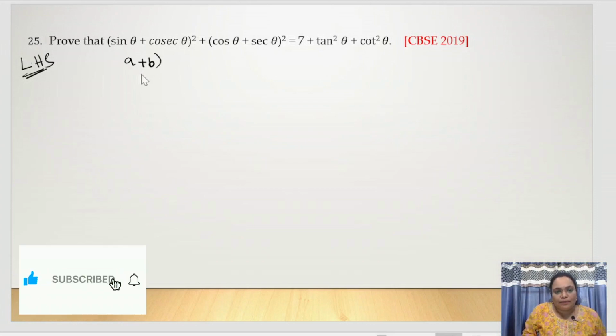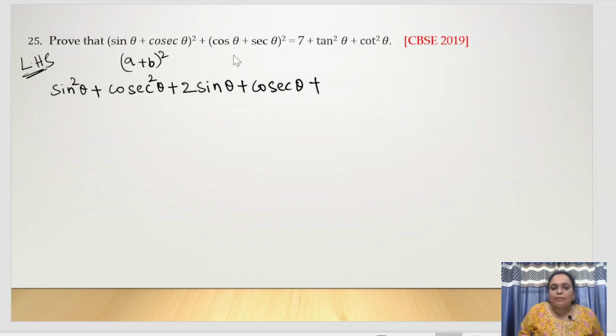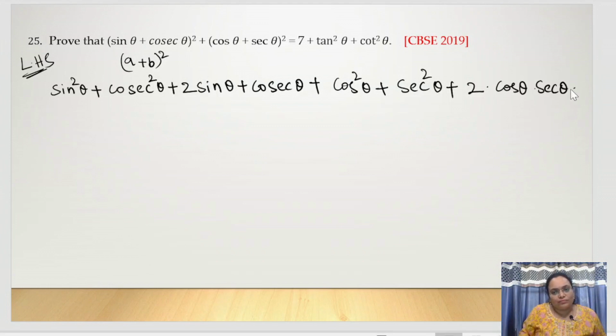Let us apply a plus b whole square, which is sin square theta plus cosecant square theta plus 2 into sin theta into cosecant theta. Plus here also we will apply a plus b whole square. So you will get cos square theta plus secant square theta plus 2 into cos theta into secant theta.